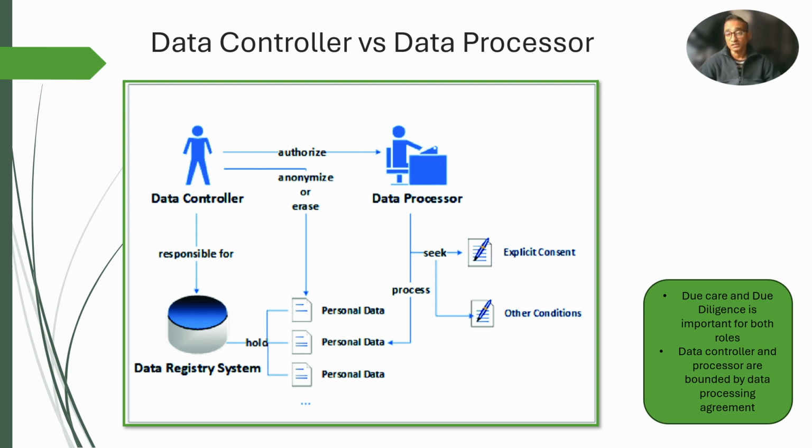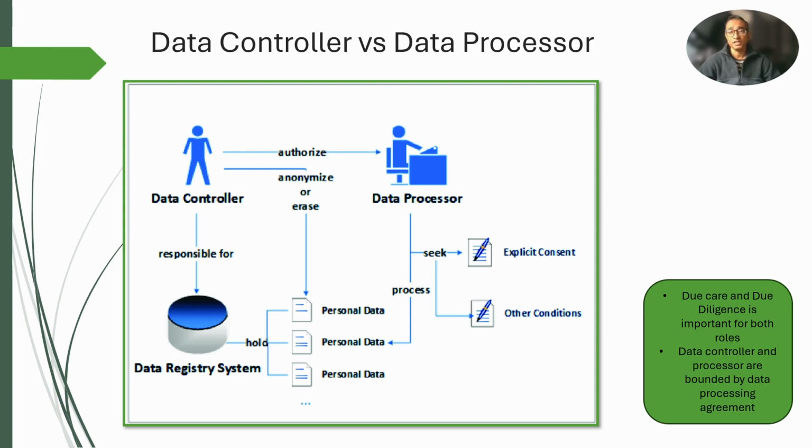There may be other conditions associated with this agreement in terms of where the data should reside, the geolocation of the data, who can have access to the data, what happens in case the data processor goes out of business, and other considerations.